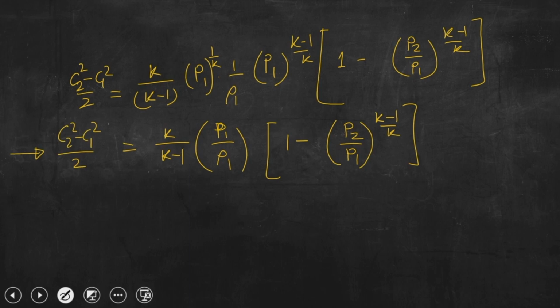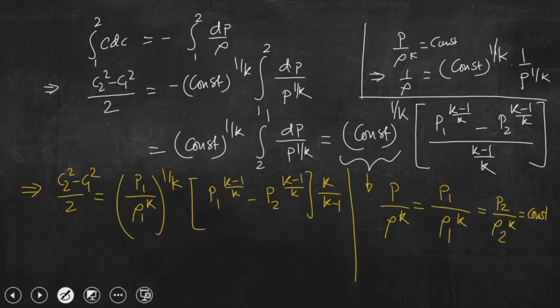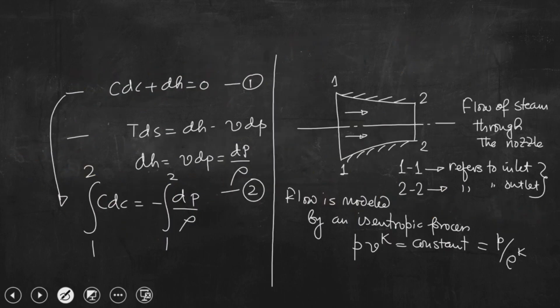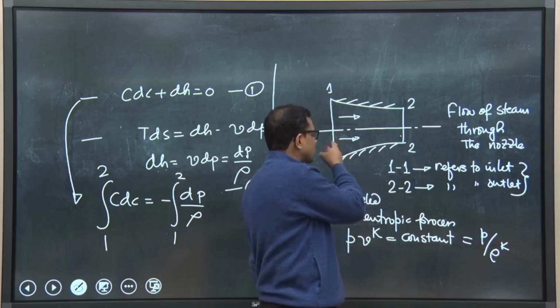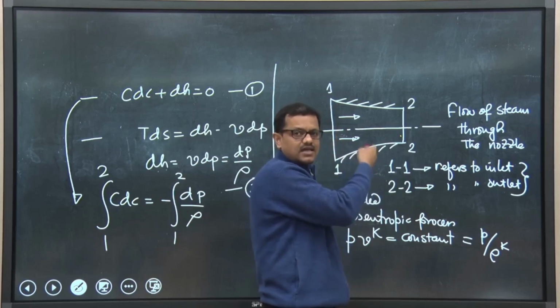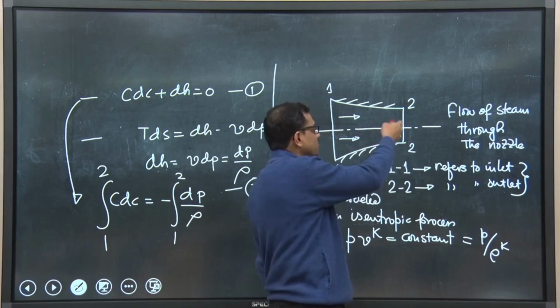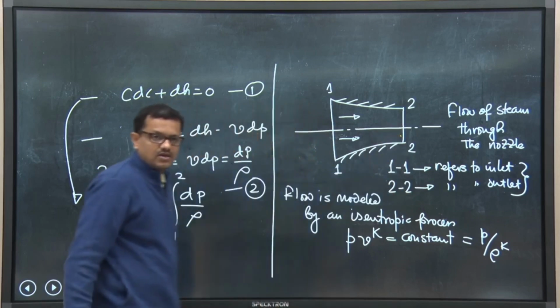So, you know that if we go to the previous slide, the cross sectional area 2 is much less than the cross sectional area 1. So, if we calculate the velocity of steam at both sections, we will find that the velocity of steam at section 1 is much less than the velocity of steam at section 2.